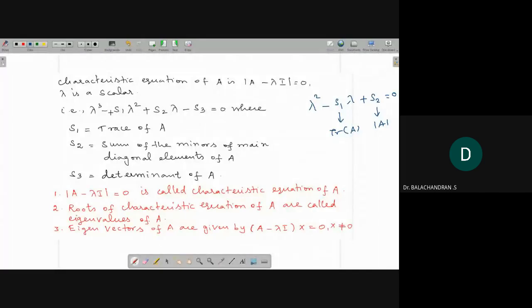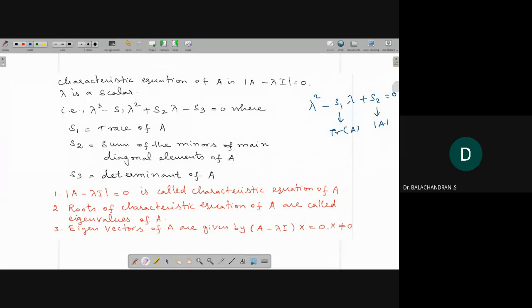So the signs alternate like this, where here also S1 is the trace of A, and S3 is the determinant of A. S2 is the sum of the minors of the main diagonal elements of A.